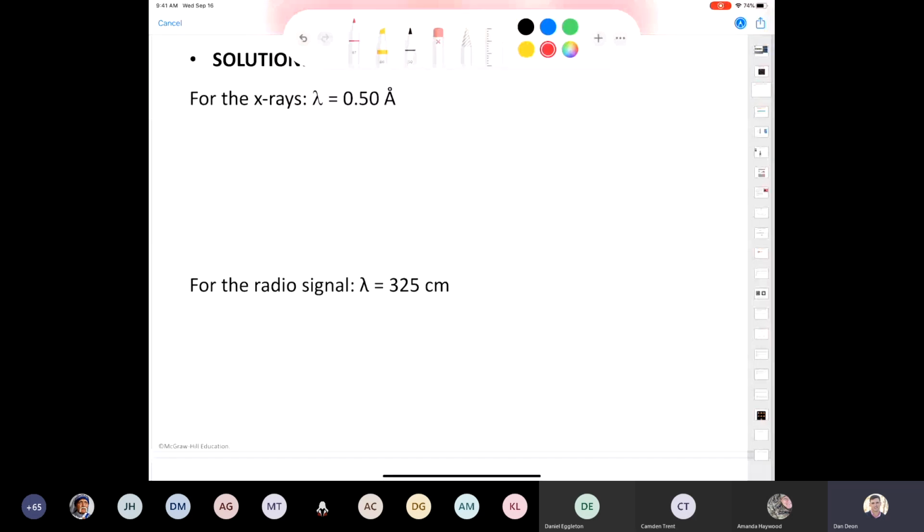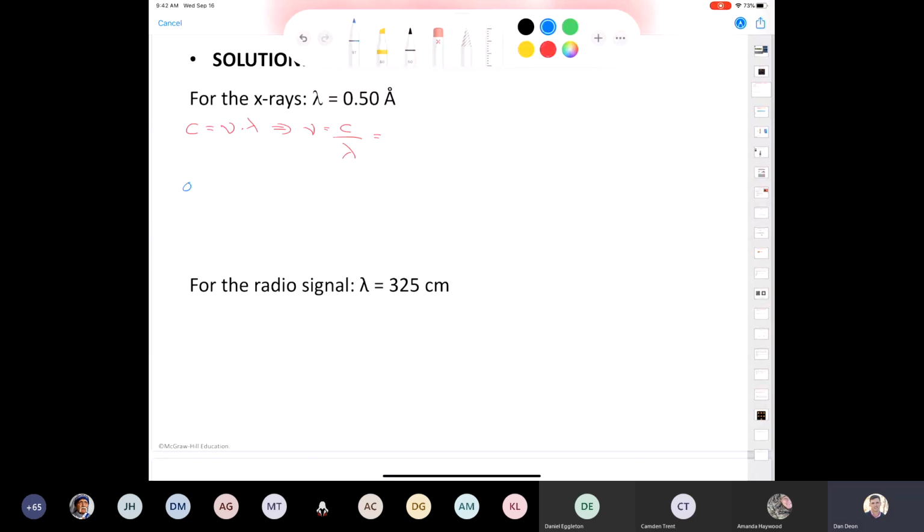So again, we're going to use our formula, which is speed of light is equal to frequency times wavelength. We're going to solve for frequency is equal to speed of light divided by wavelength. We have our 0.50 angstroms. Maybe I could solve that first.